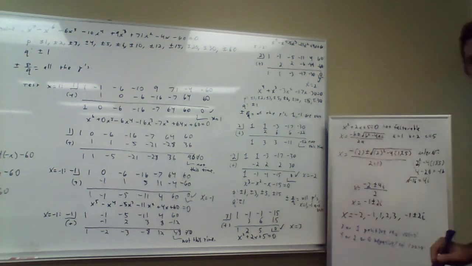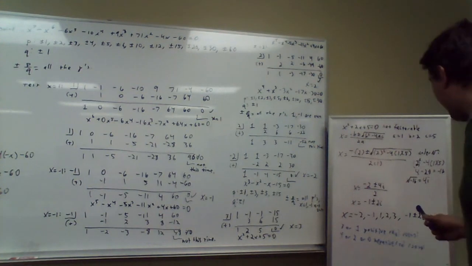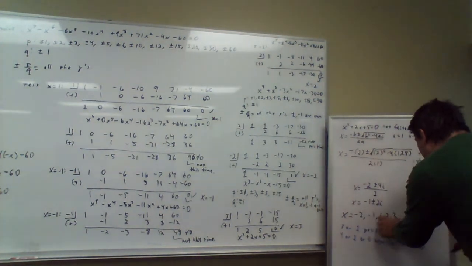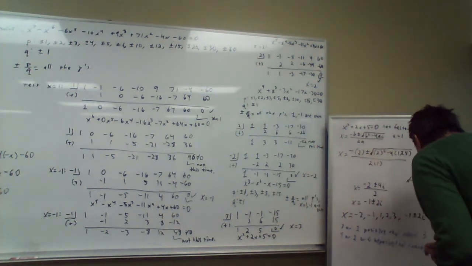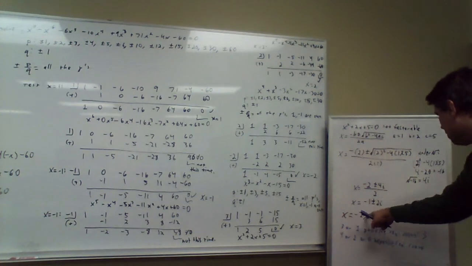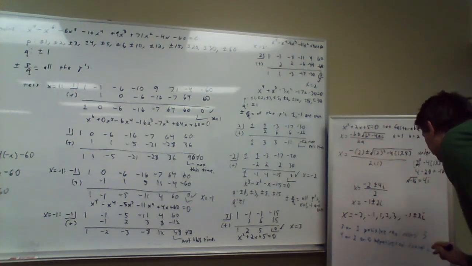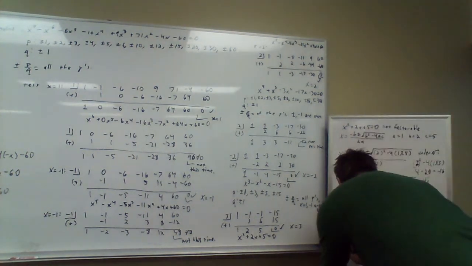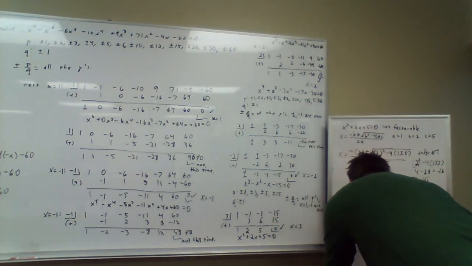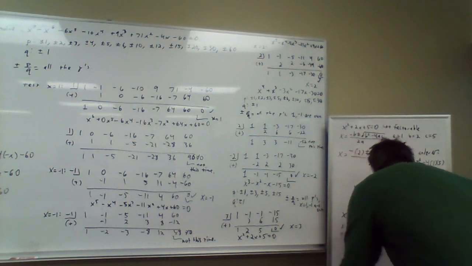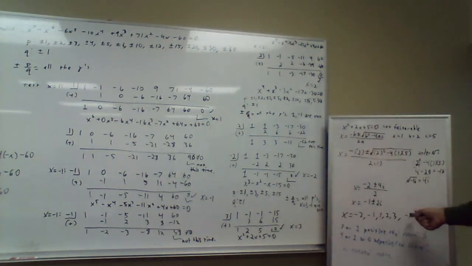The actual values, as you can see, is we actually had 3 positive real roots. We had 2 negative real roots. We also had 2 non-real roots. These 2 were non-real roots.